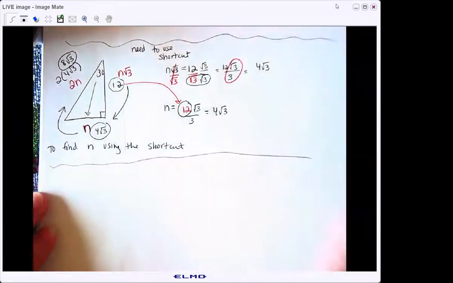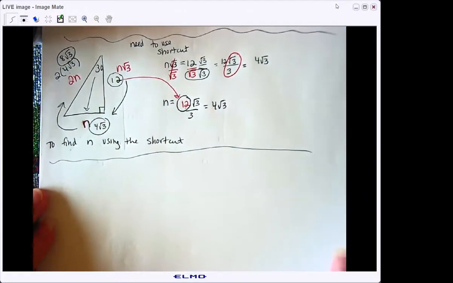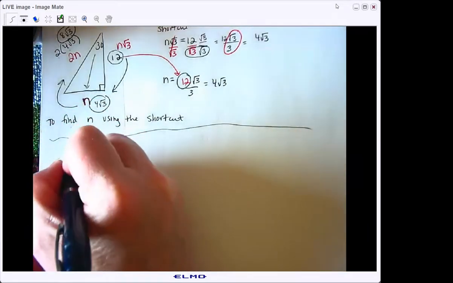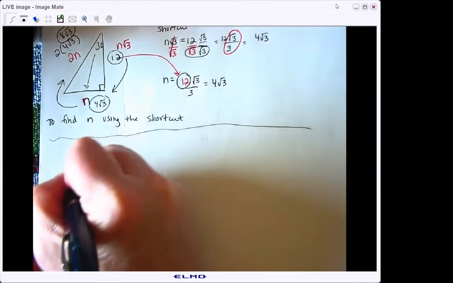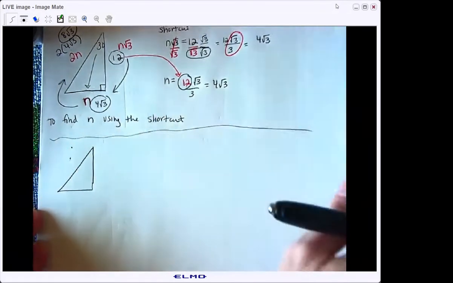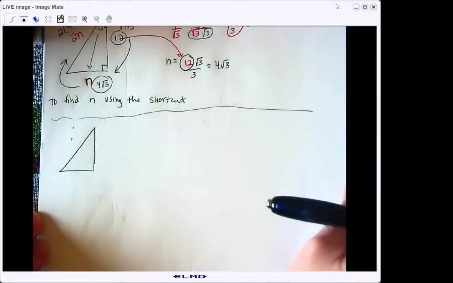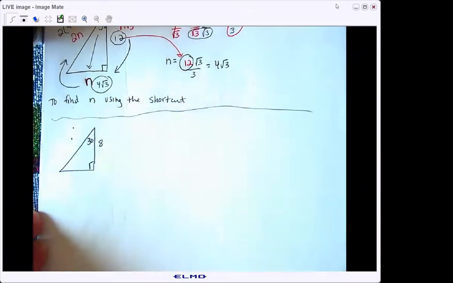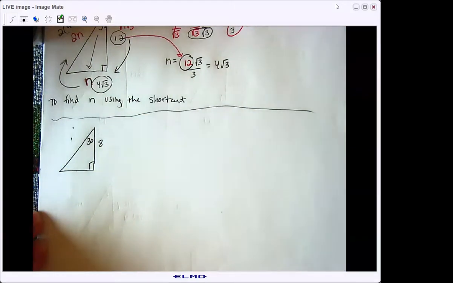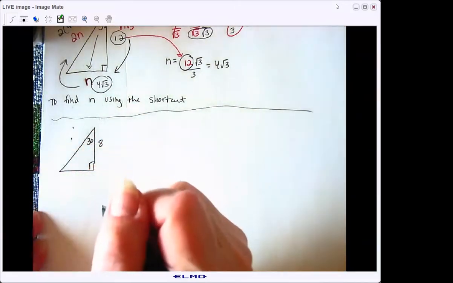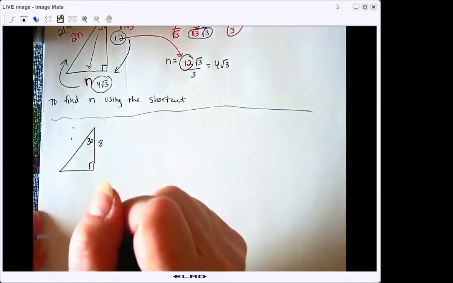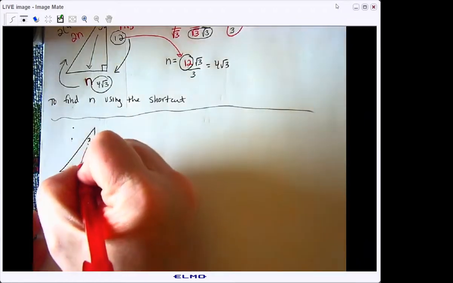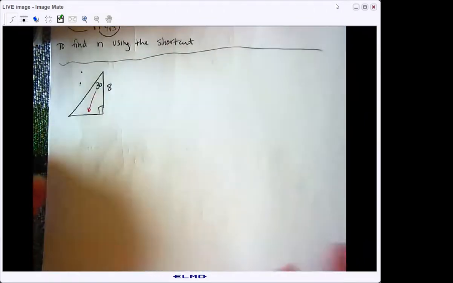So we're going to practice using this shortcut one more time. Okay, so this time I'm going to say that this one's 8. Then I want to find the other two sides. Across from the 30-degree angle is going to be my n.